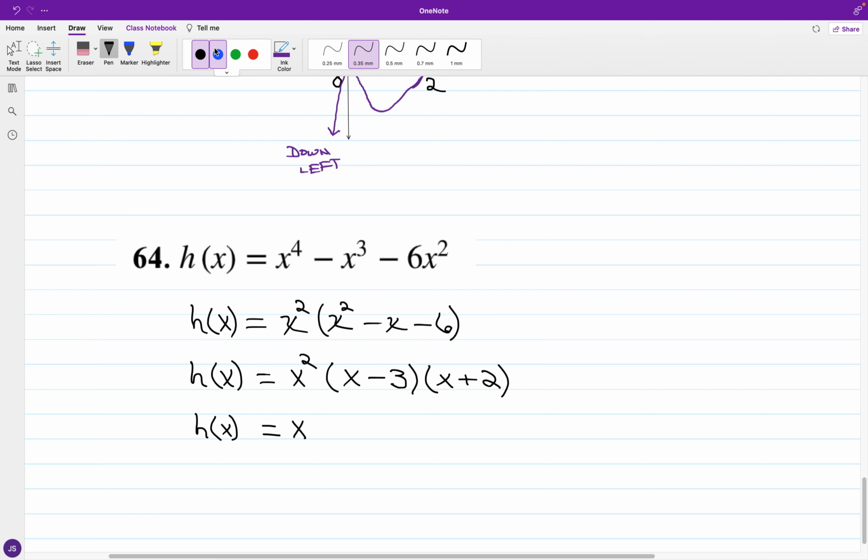Again, just stressing the degree, we have x to the second. And we have x minus 3 to the first. And again, we have the quantity of x plus 2, which is also to the first.